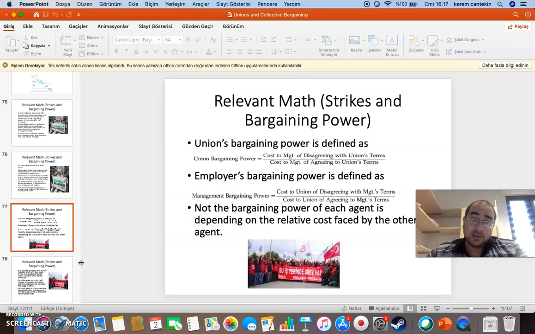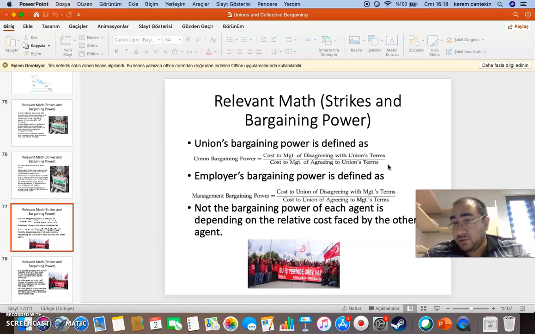And the bargaining power, both when the company and the union sit together, but also when a strike starts, depends on the union's bargaining power and management's bargaining power. Both depend on the other agents' conditions. Basically, the union's bargaining power depends on the cost of management disagreeing with union terms, which means what will happen if the management doesn't agree with union terms.